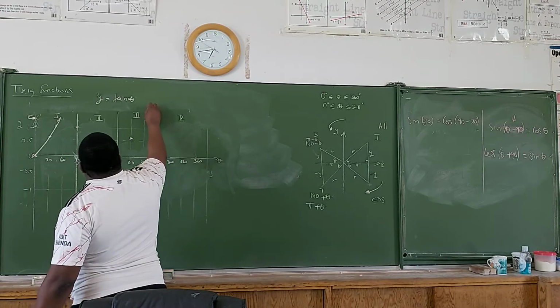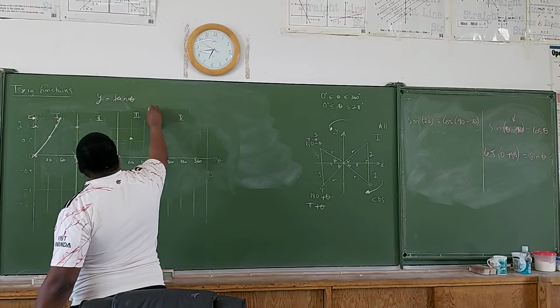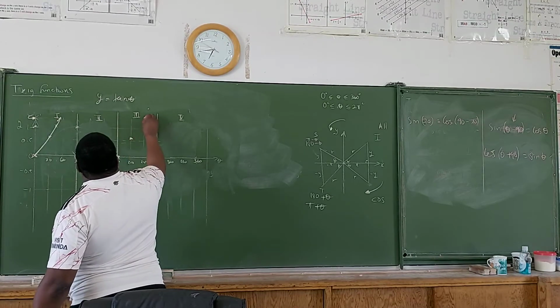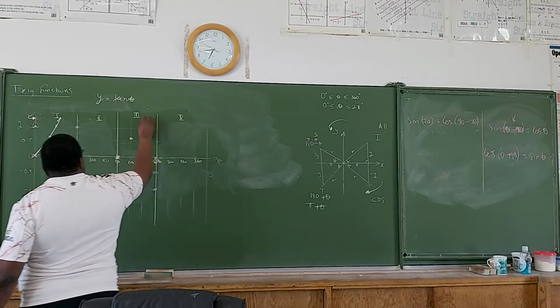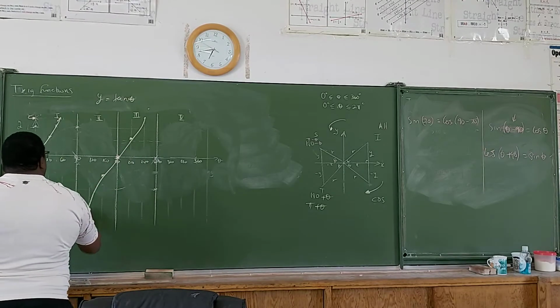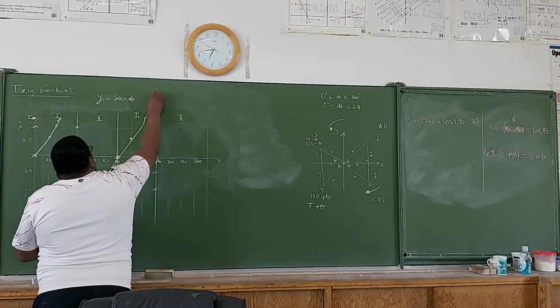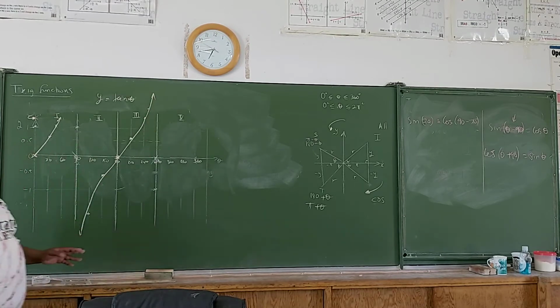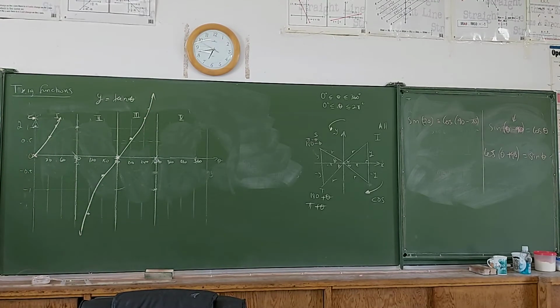So let's just put it there. But basically, the curve goes something like this. Now, it will go closer and closer here. It will also go closer and closer, but the 270 won't exist. So please remember, it's 90, it's 270.